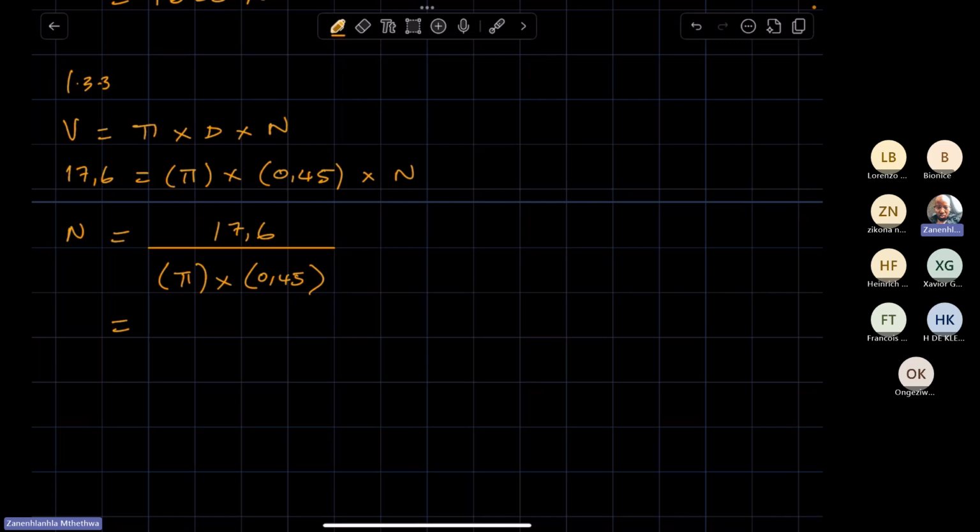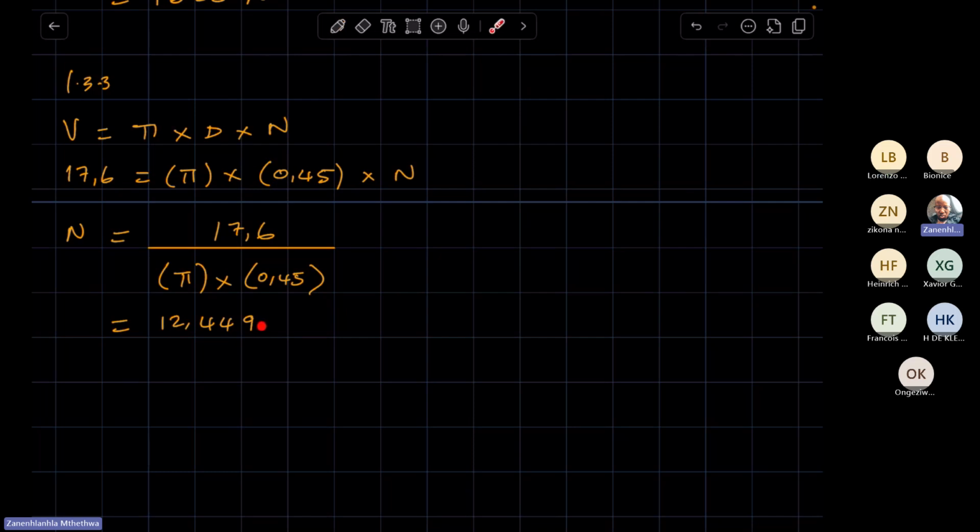And what do you get here? What is 17,6 divided by 0.45 pi? Sir, what I got is 12.449, but then you can round it up to 12.45.